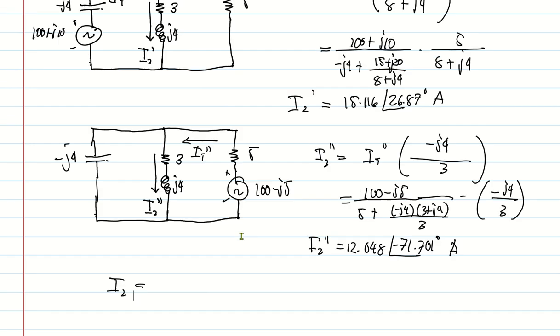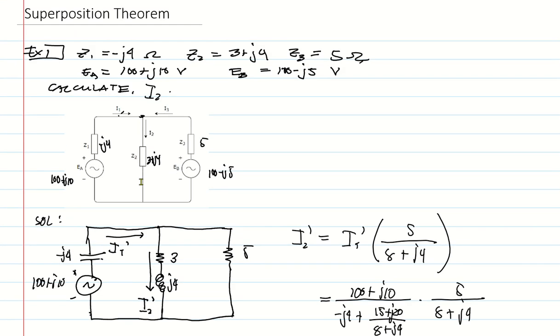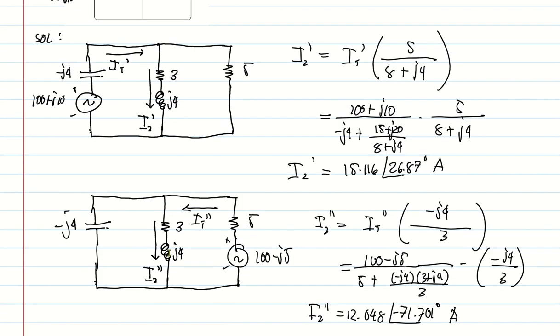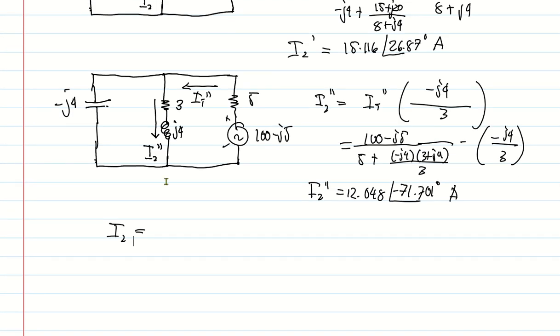Then to solve for the actual current I2, which is going downward, I2 prime is also going downward, so it's positive. I2 double prime also goes the same direction, so I2 will be equal to I2 prime plus I2 double prime. They are both positive because they have the same direction. If I2 double prime went in the opposite direction, then this should be I2 prime minus I2 double prime.